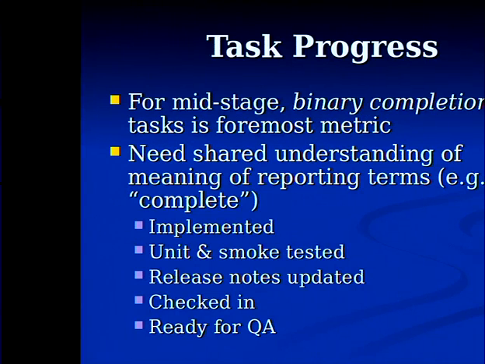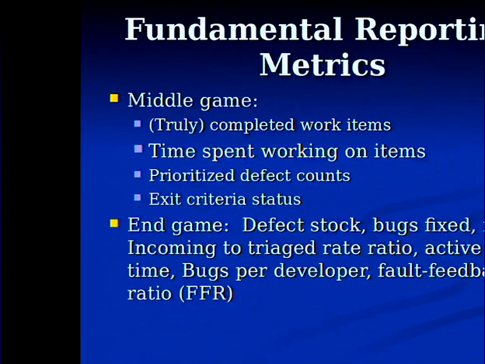You want to be very, very clear on that so you don't have a lot of half-done things where you don't really know: is it done, is it not done, et cetera. So that's good. Later in the class, we'll be talking about some things that are really good reporting metrics.